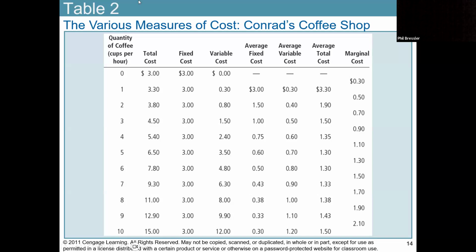There's a question in the chat. Would variable cost be the amount of cost to produce 1 cup per hour without fixed cost? Yeah, variable cost would be the cost for 1 cup.